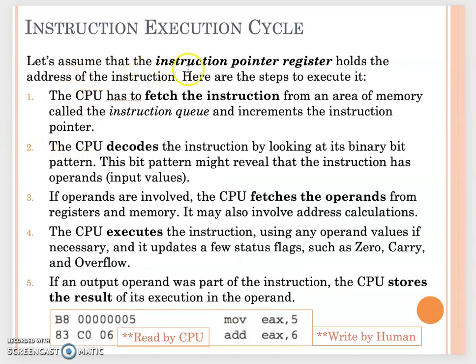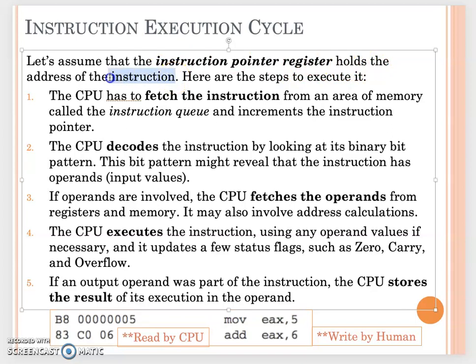Let's assume we have one instruction pointer register. That's the IP register we mentioned earlier. It holds the address of the instruction. For example, the next instruction we want to work on is B8. So after we know that's B8, we see what happens in the steps in the CPU.